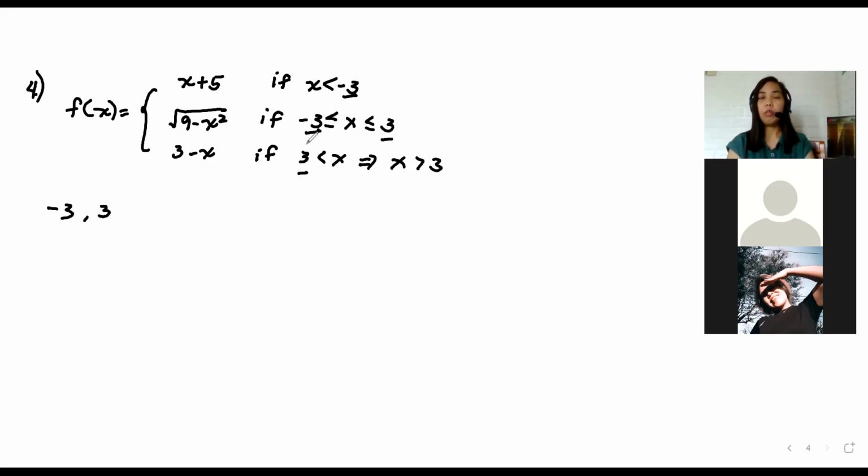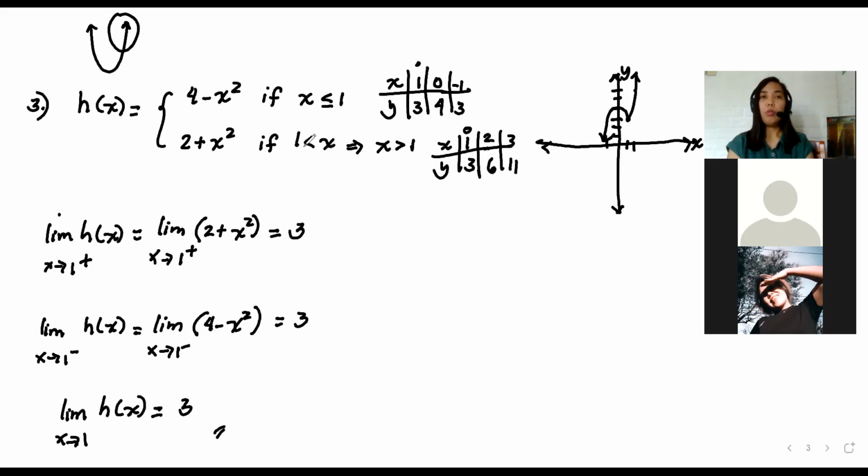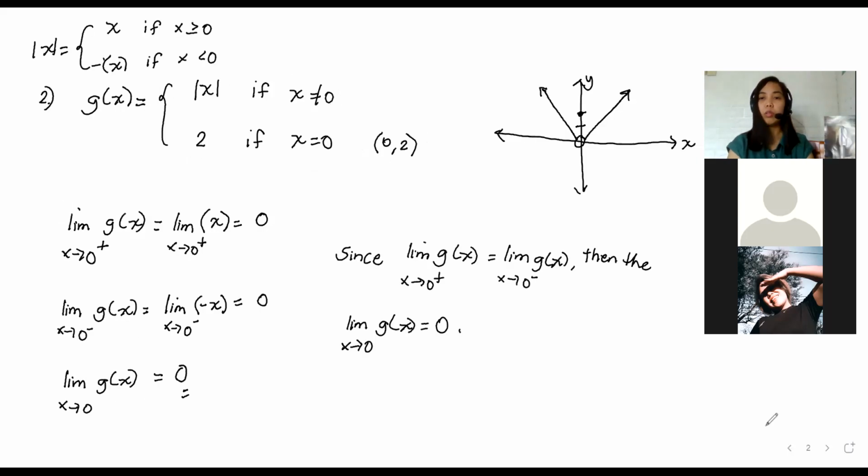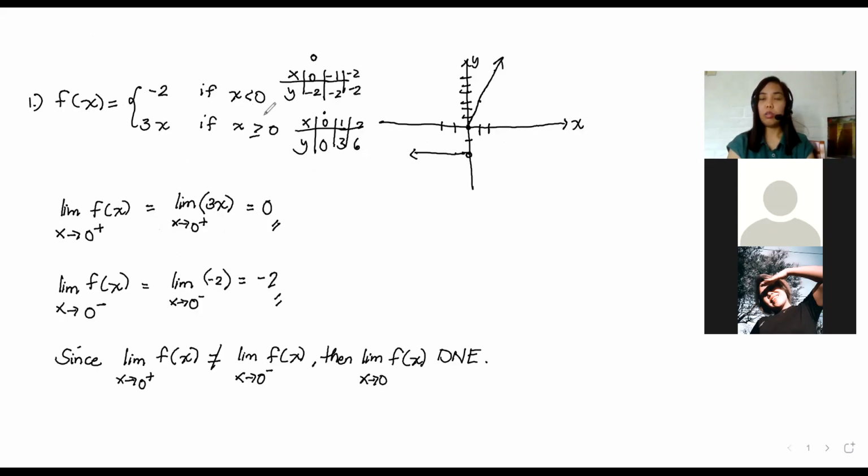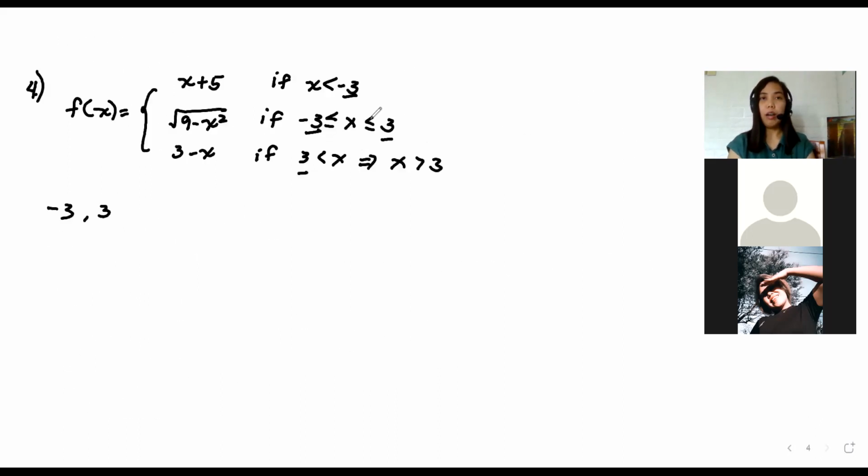If we have two values, kanina kasi class, puro isa lang. Puro 1, puro 0, and here also 0. But in the last example, we have -3 and 3.